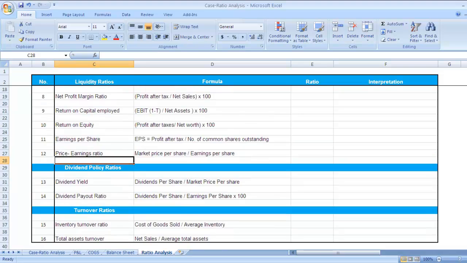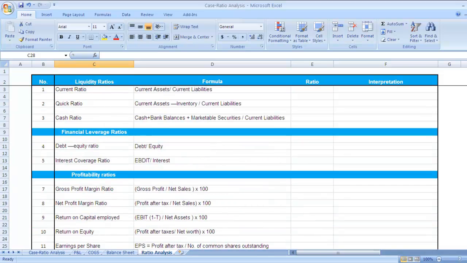We are also going to cover turnover ratios. In the second column we can see formulas for different ratios. We'll calculate the ratios here, and we'll also interpret them. First we'll start with the current ratio.